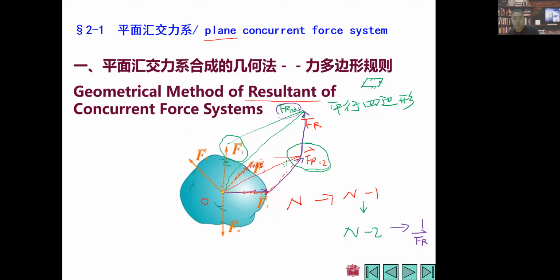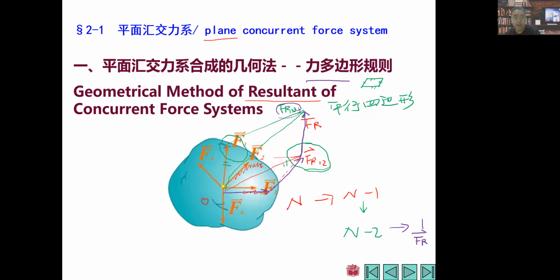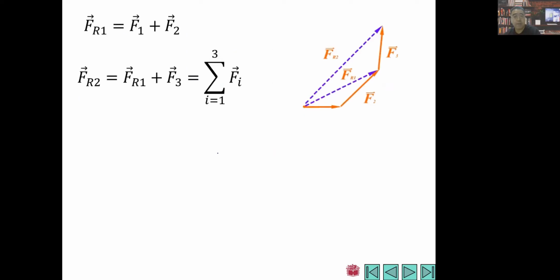Right? Do you guys find something? Actually, if we keep this, we can draw what? 多边形, more like this. So this is a 多边形, a polygon, a multiple-sided shape. This O is the start point.